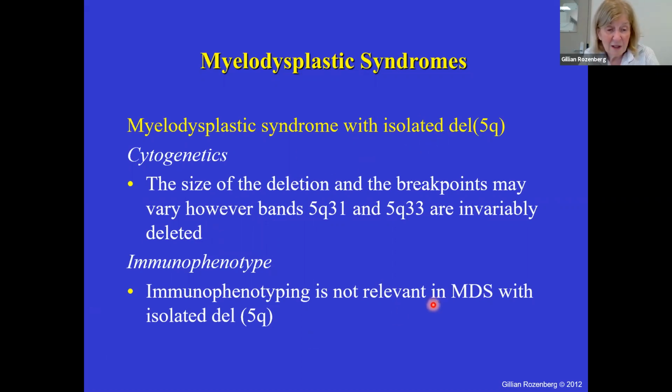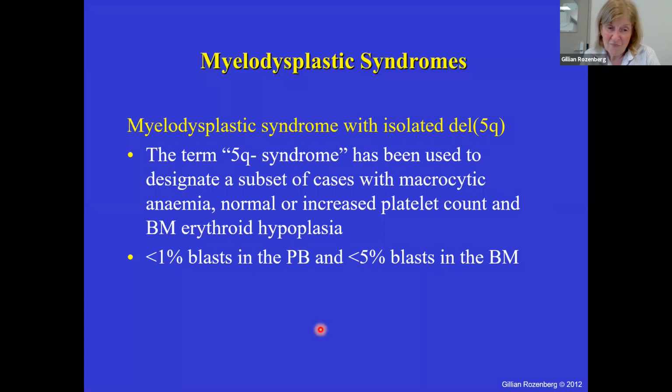Immunophenotyping is not relevant because we don't have enough blasts. So the term 5q syndrome is being used to designate a subset of cases with a macrocytic anemia, normal or increased platelet count, and bone marrow erythroid hypoplasia with less than 1% blast in the peripheral blood and less than 5% blast in the bone marrow.